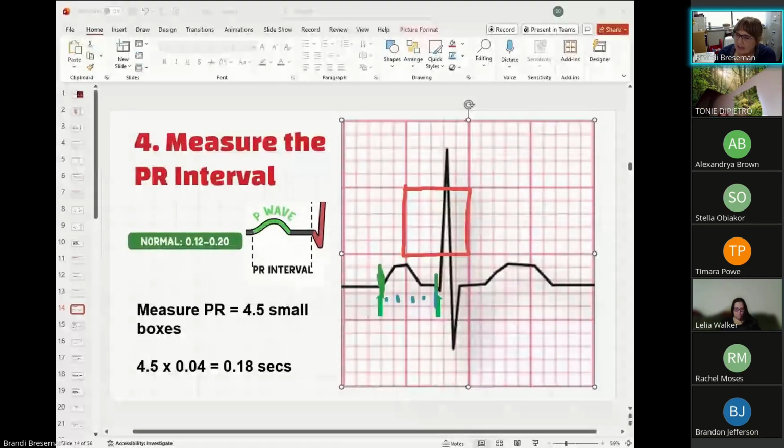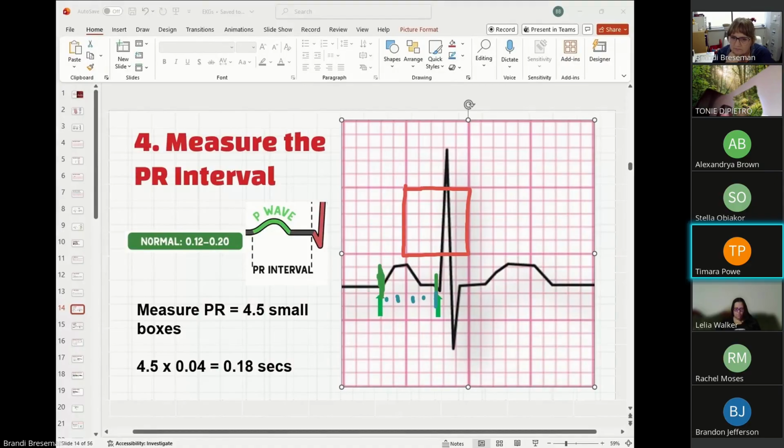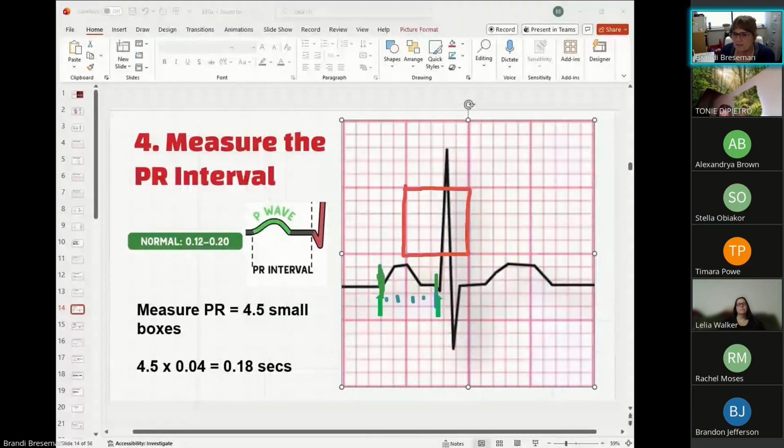If I add that to my 0.16, I get 0.18. I thought each small box was 0.2 seconds. Nope, each big box is 0.2 seconds. The small box is 0.04.